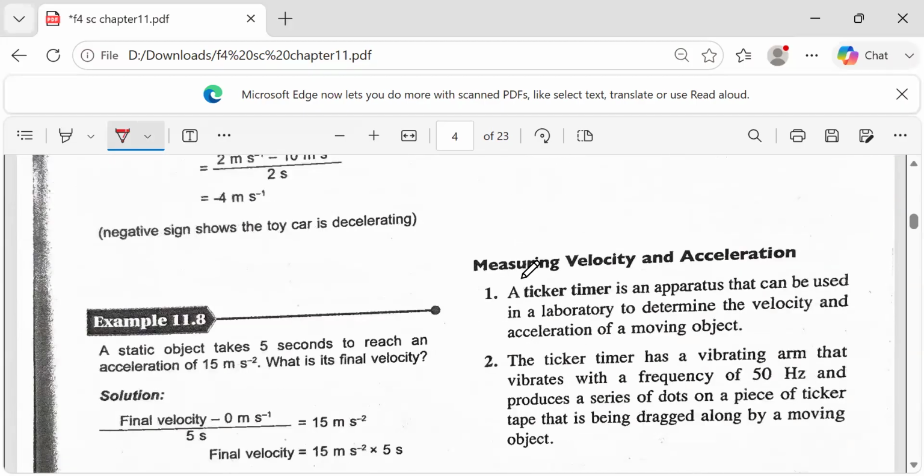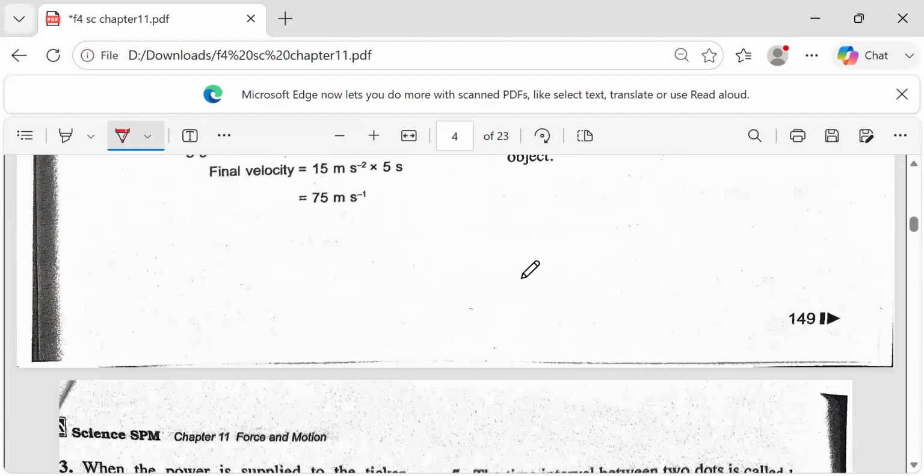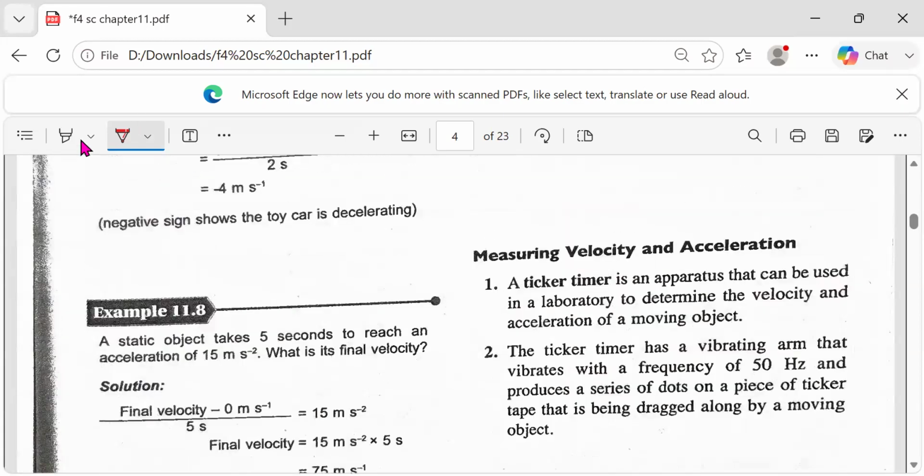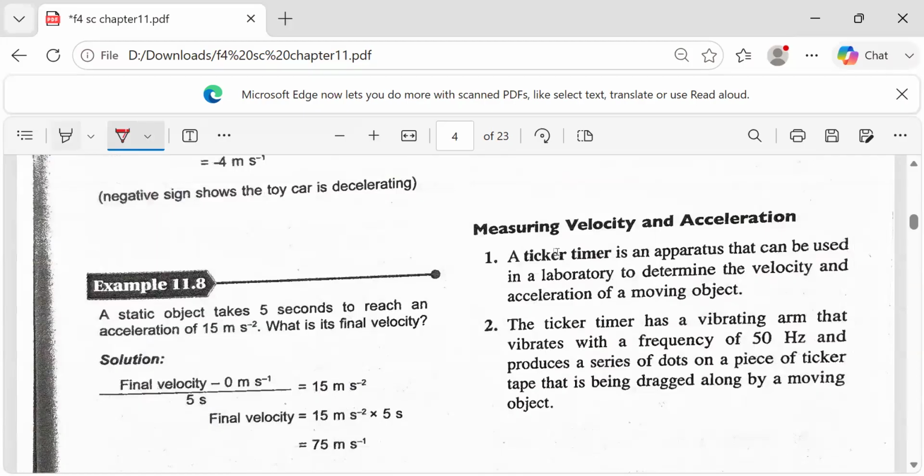Now the experiment they ask you about is called a ticker timer. What's a ticker timer? A ticker timer is an apparatus that can be used in a laboratory to determine the velocity and acceleration of a moving object.